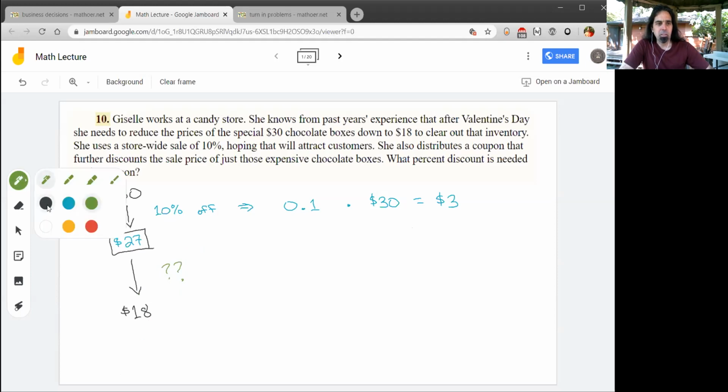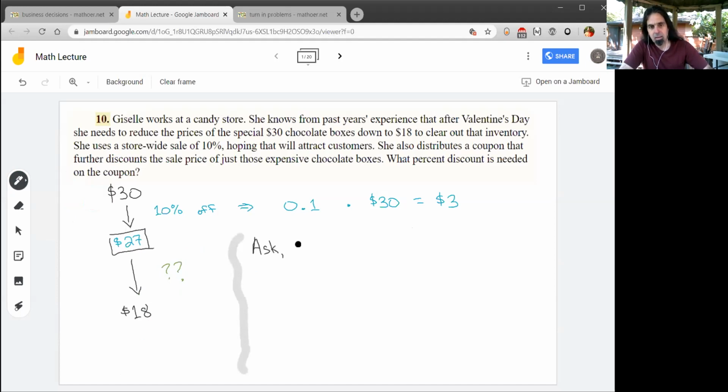So I'm asking myself, with a percent sentence, blank is blank percent of blank. Remember our Mad Libs game that just sort of helped us approach percents in general?